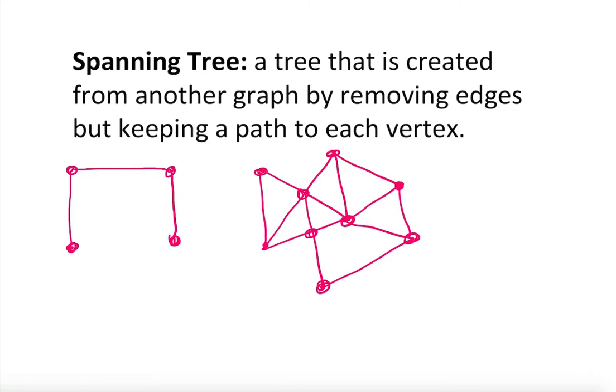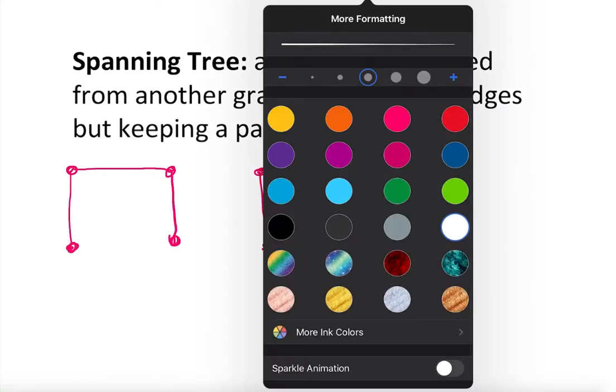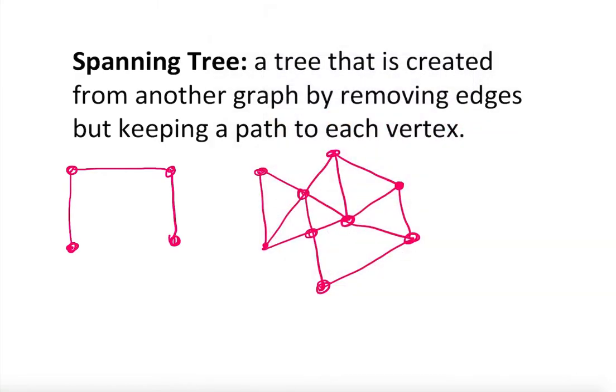So we have to remove the edges. So what I'm going to do here is basically remove the edges. I need some kind of ink here. Okay, let's take a look. So I can remove these edges. It's connected to each vertex, so I'm going to remove these edges. Okay, so I'm going to remove these edges also.